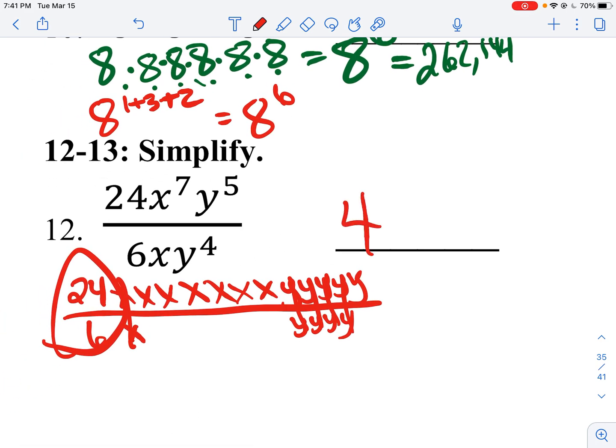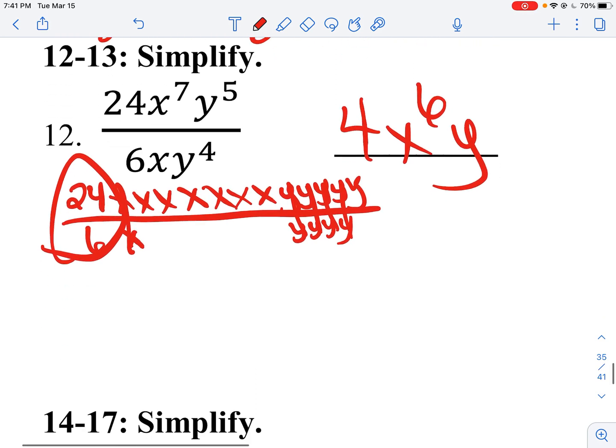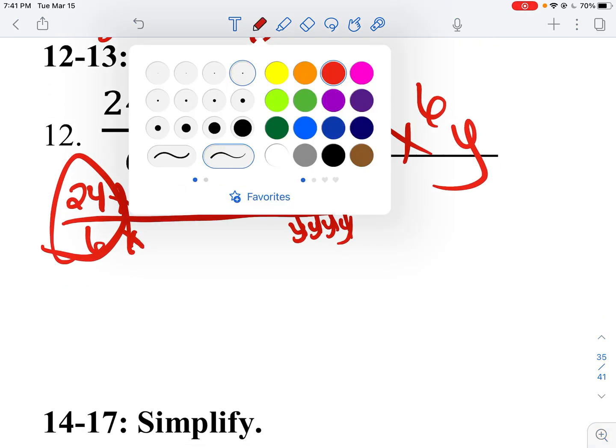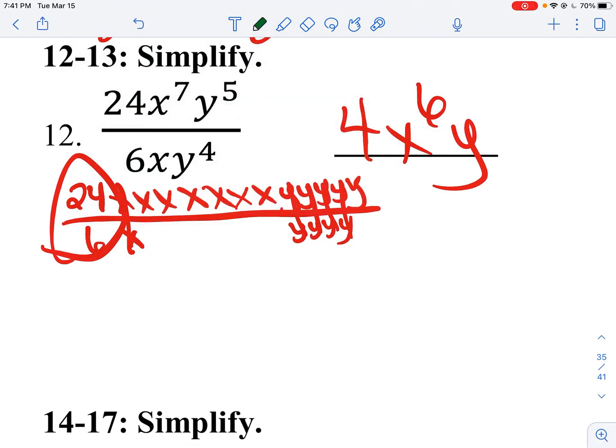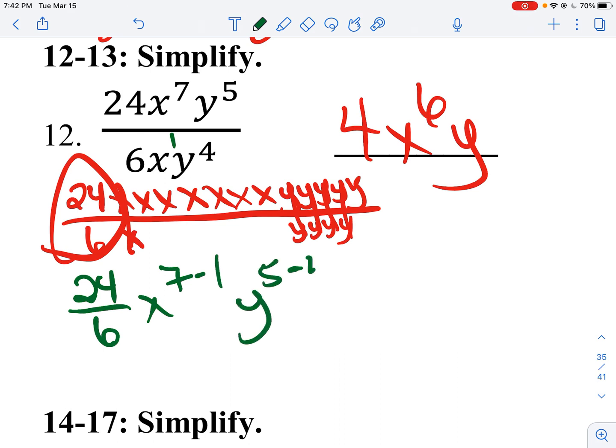Oopsie daisy. So 4x to the 6th y. Now, if I did it using the properties, I still have 24 over 6. That has a little 1 there, so x to the 7 minus 1, y to the 5 minus 4 still would come out to the exact same answer.